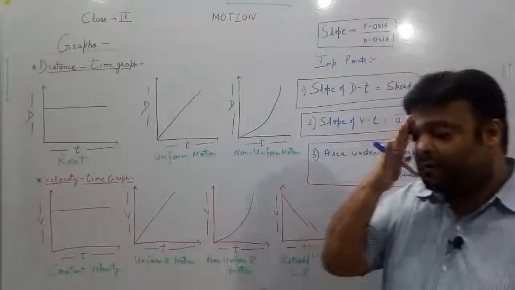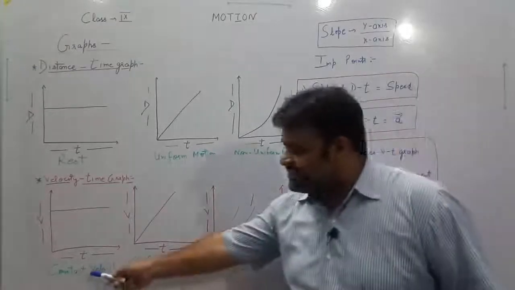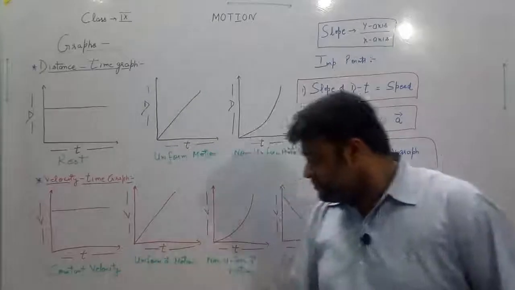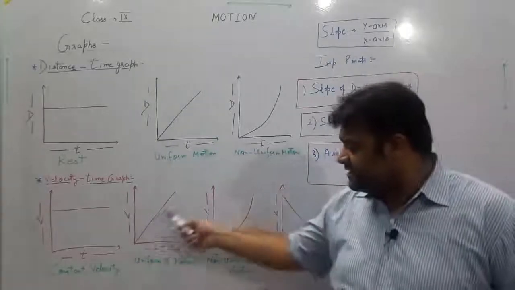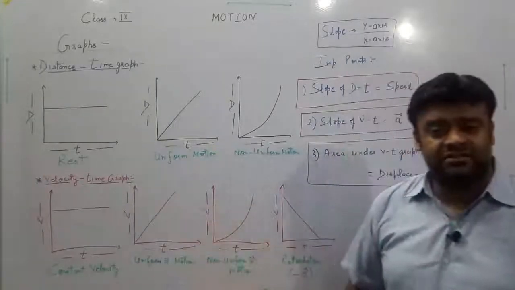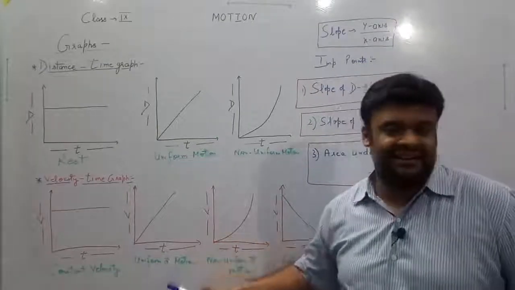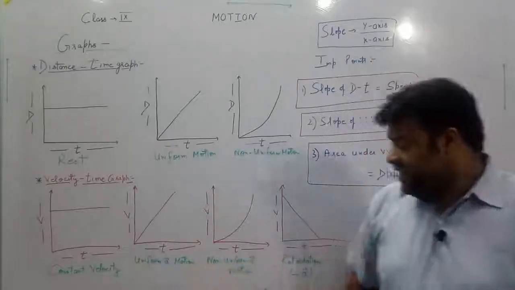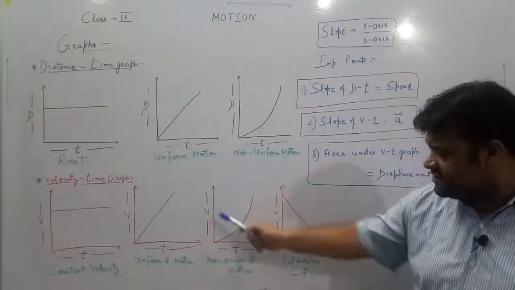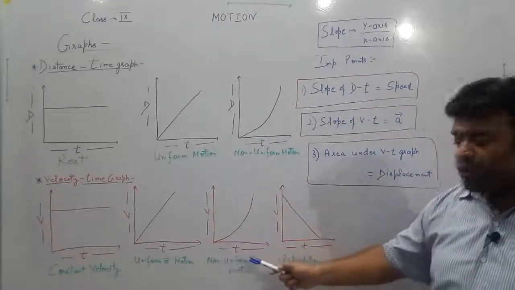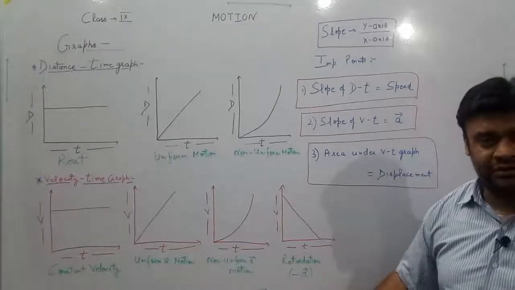That is, the object is moving with constant velocity. If a straight line is there between V and T, that is velocity and time, then it represents uniformly accelerated motion. If a curve is there between velocity and time, it represents non-uniform accelerated motion.